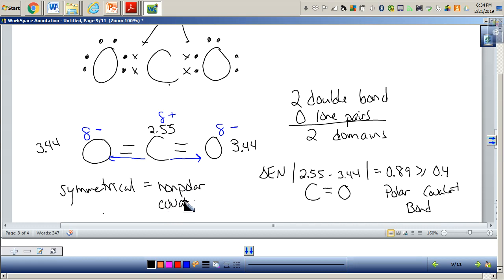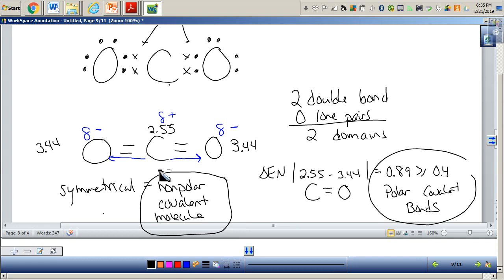And nonpolar is a type of covalent. So even though carbon dioxide has polar covalent bonds, it's a nonpolar covalent molecule due to its symmetrical shape.